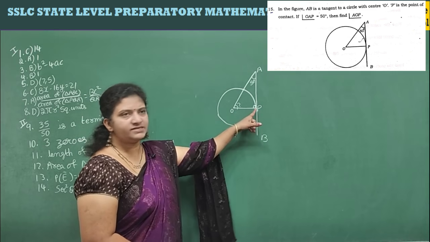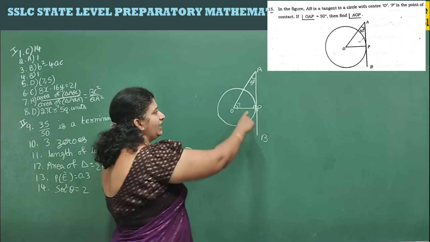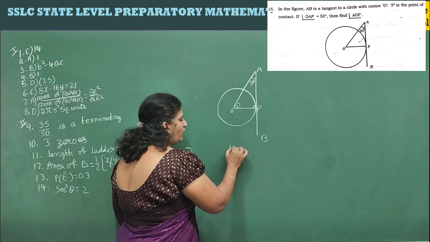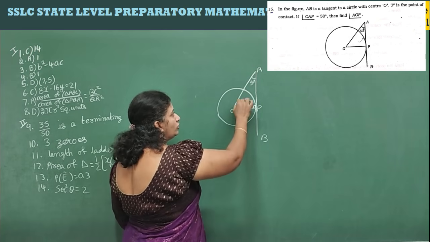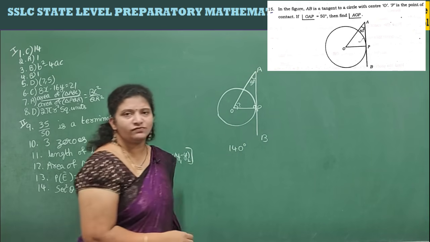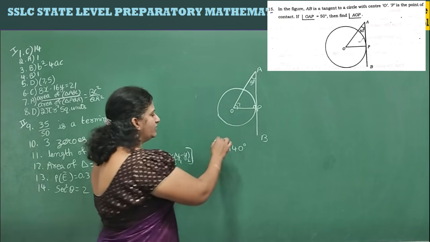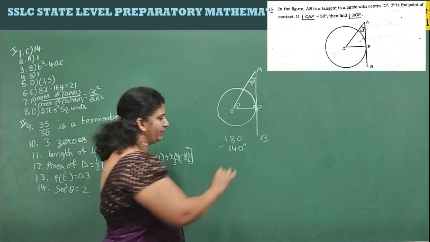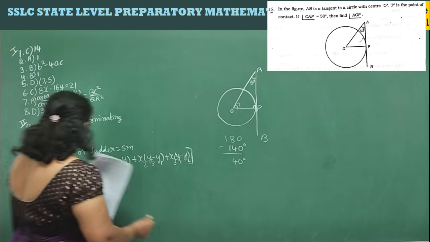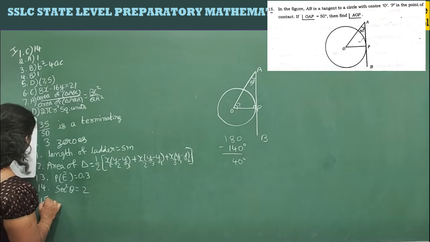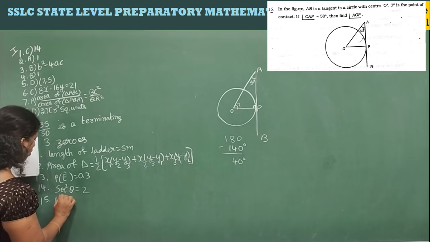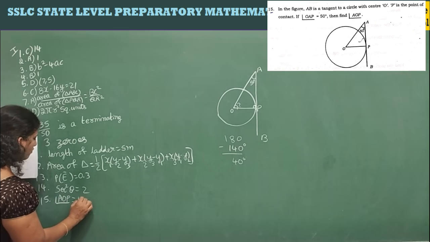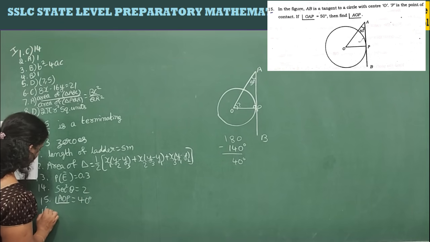Perpendicular means this is 90 degree. 90 plus 50 will be 140 degree. The total sum of the interior angles of a triangle is 180. So if you subtract 140 degree from 180, it will be 40 degree. Therefore, your answer is angle AOP is equal to 40 degree.